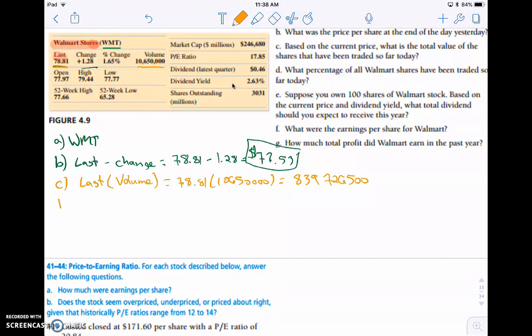Okay, D, what percentage of all Walmart shares have been traded so far today? The way we would do that is we're going to look at the volume, how much has been traded today, and divide it by the shares outstanding.